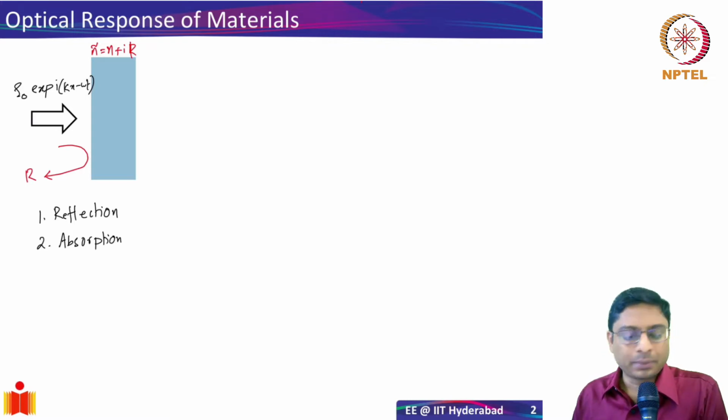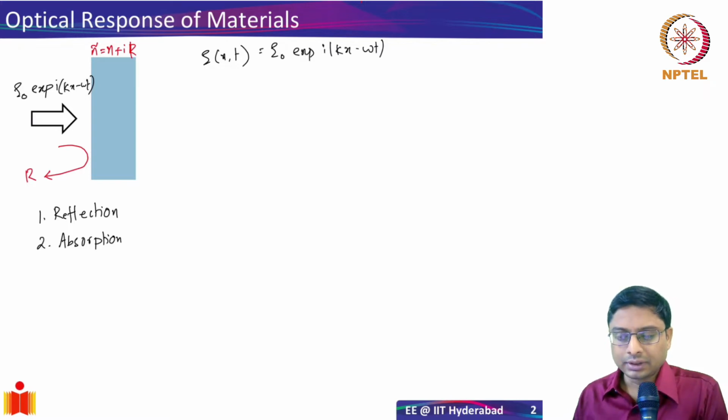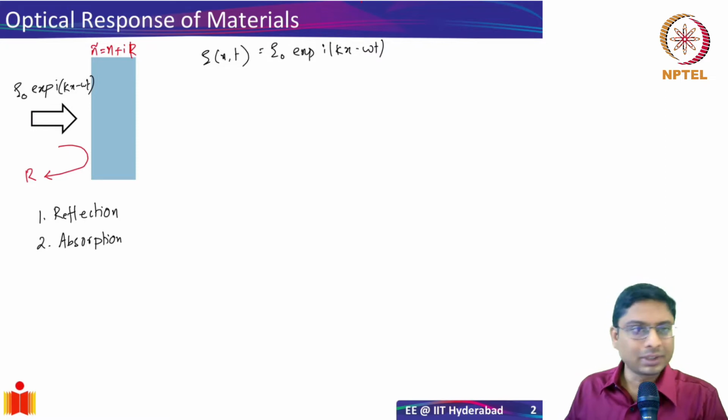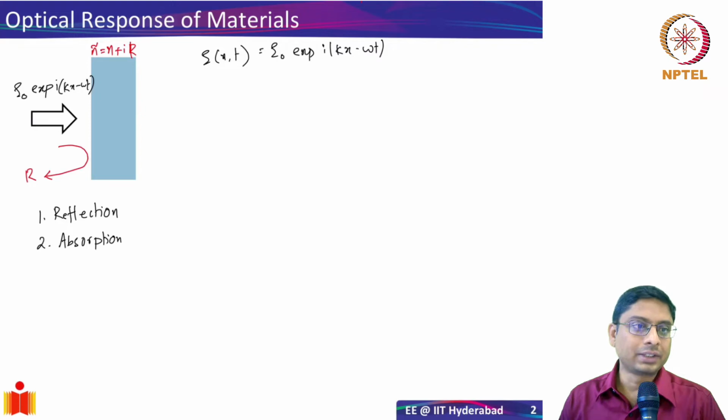Just to recap, how does the absorption occur? Well, the electromagnetic wave, let's say this is propagating in the x direction, I can describe as exponential i(kx minus omega t), right? This is how we can describe the electromagnetic wave. And now the wave vector in the medium is not going to be k0, it's going to be modified by the refractive index.